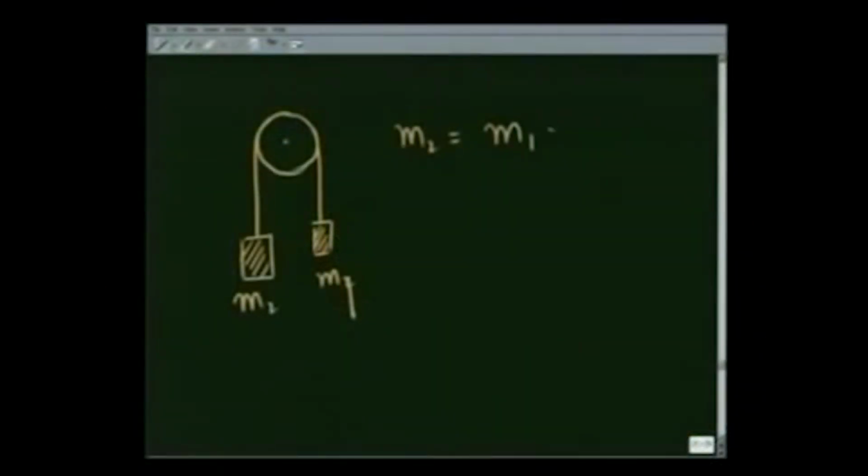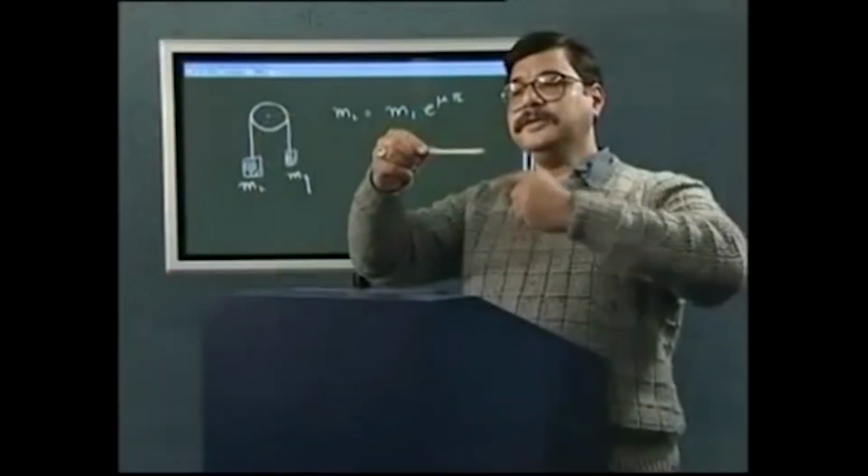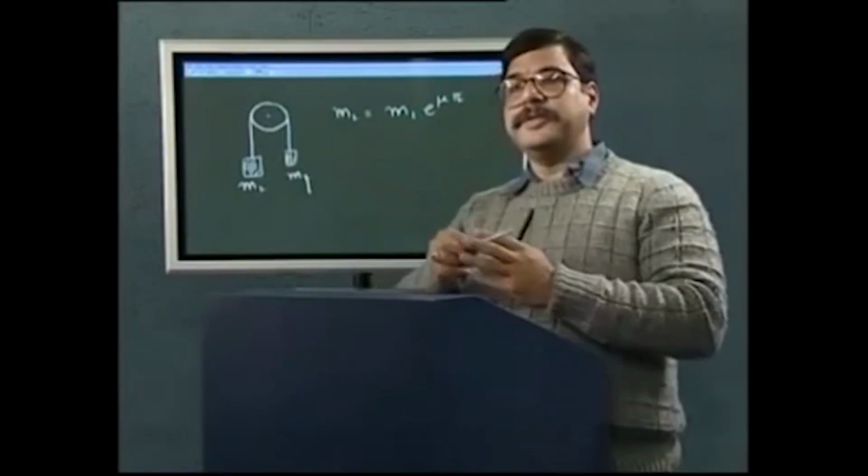As we said earlier, suppose this mass is heavier, m2 would in this case be equal to m1 e raised to mu pi. So I'll take this pen, wrap a string around it once, and this relationship would be satisfied.